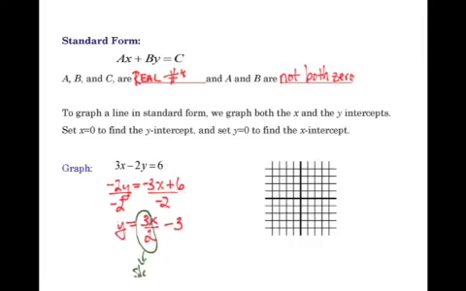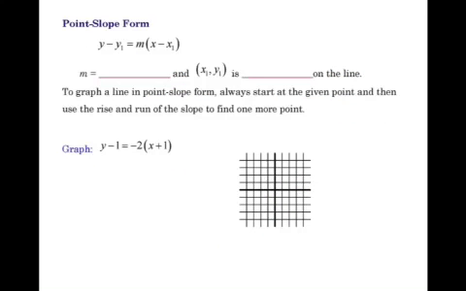So I can identify the slope as 3/2, and the y-intercept is -3. I can plot those again. There's my y-intercept, there's my slope, up 3 over 2, and then I connect the dots, which gives me my line.